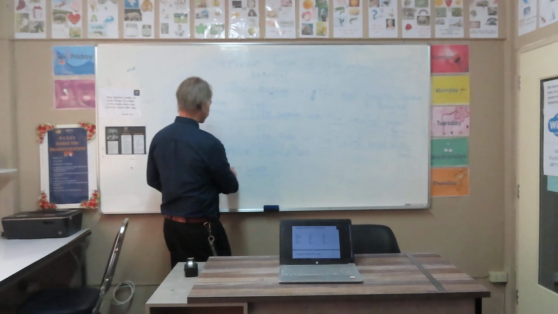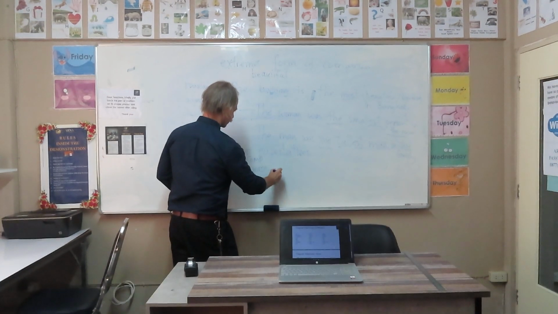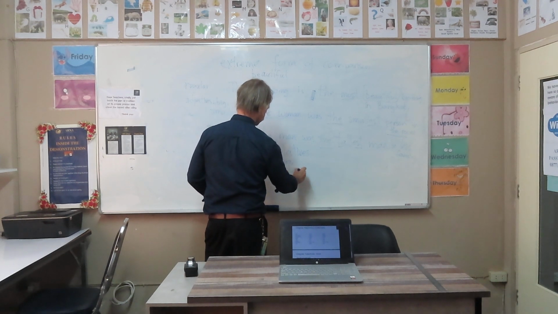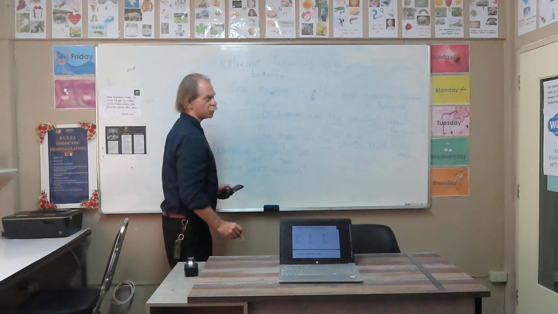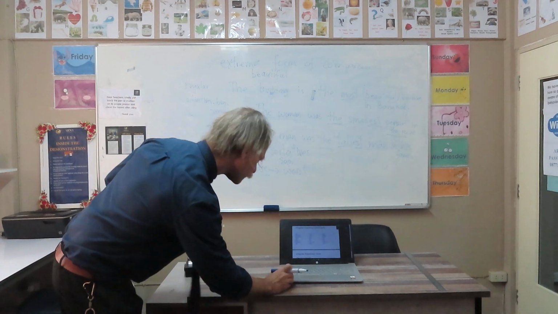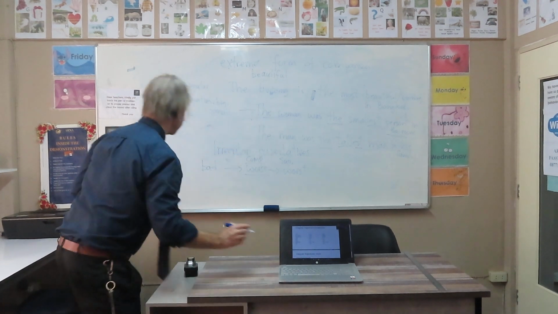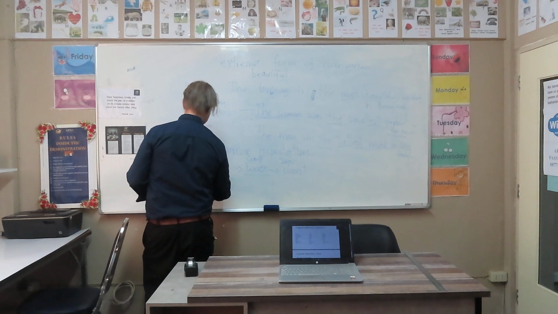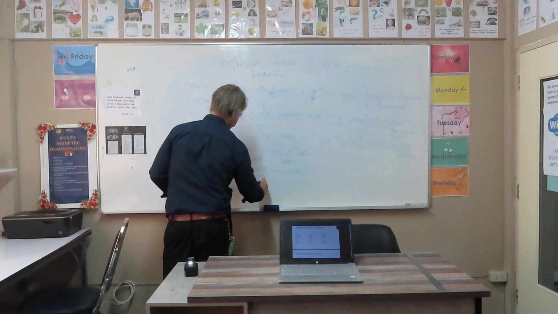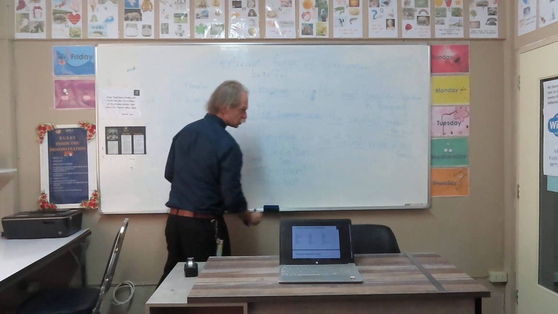Look at bad, and then the comparative becomes worse, and then the superlative becomes worst. It's the worst pollution in the world. Or here's another one. Then you have good. Okay, good, better is the comparative, best is the superlative.